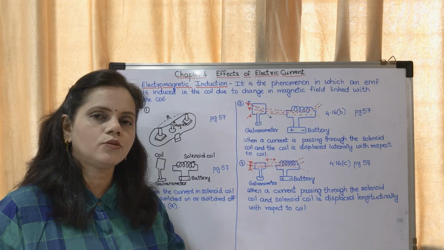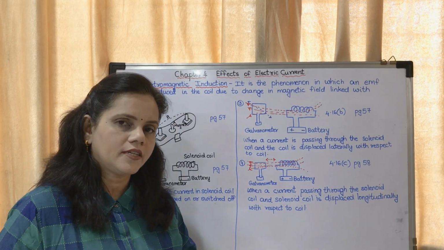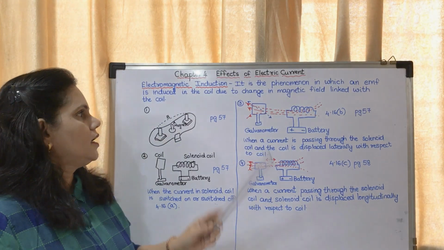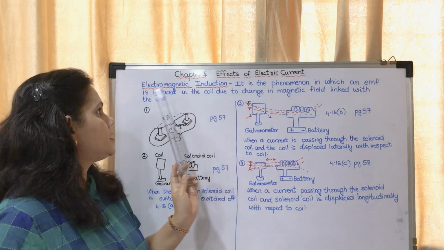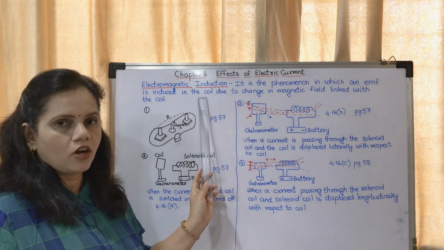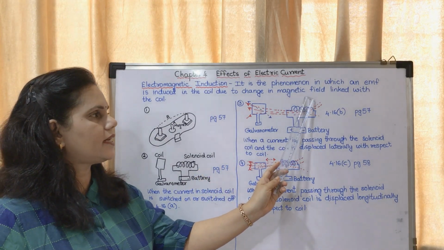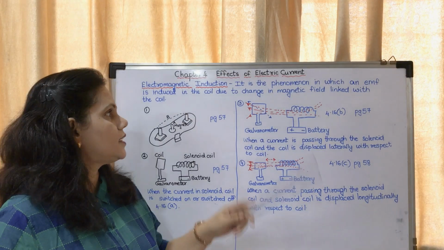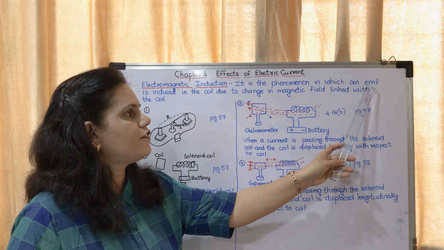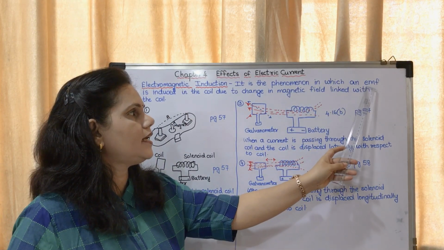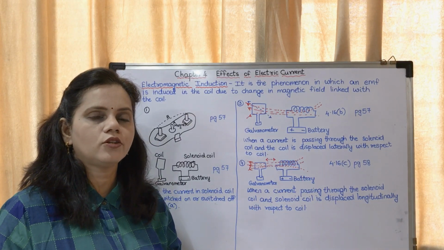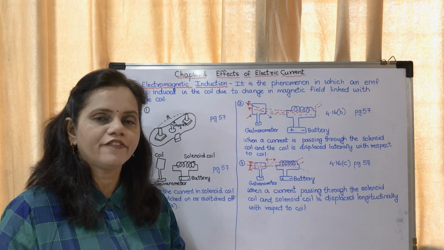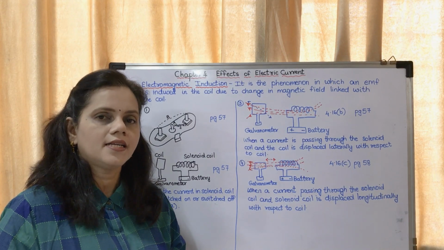Who was the scientist who put forward it? It was put forward by Michael Faraday. It is the phenomenon in which an EMF is induced in the coil due to change in magnetic field linked with the coil. Okay, so that means EMF means electromotive force, which is provided by a cell.